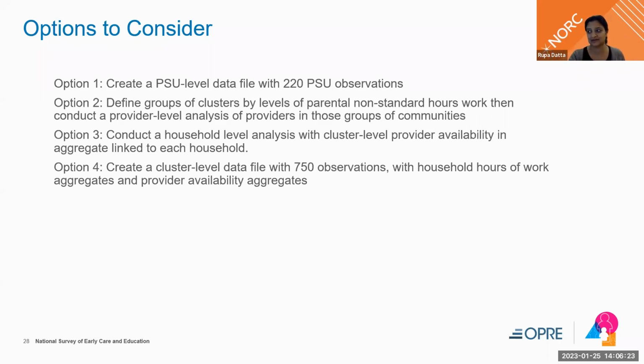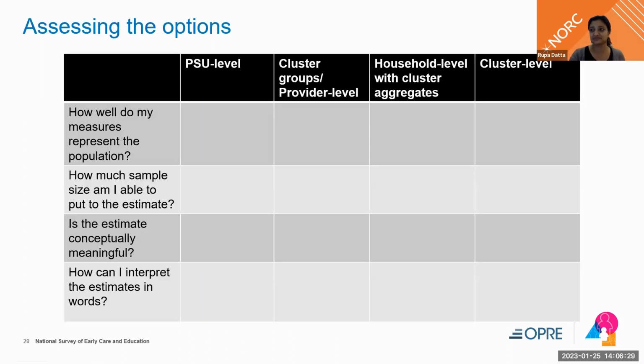I'm going to let the moderators answer questions about them. What we're going to ask you to do is think through 2 of the 4 of these options and go through these different questions that we've suggested are important to you. How well does that household aggregate or that provider aggregate represent the population?